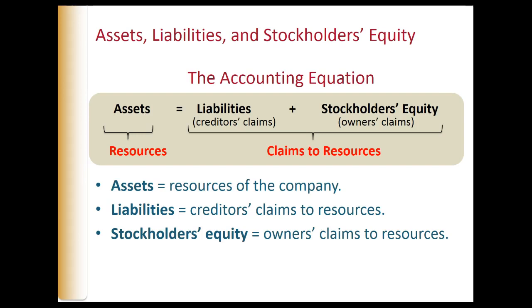Then, stockholders' equity equals the owner's claims to those resources. There are $25,000 of equity, the claims to resources by owners, and $10,000 by liabilities. So the owners have claims to those resources, $25,000 worth.